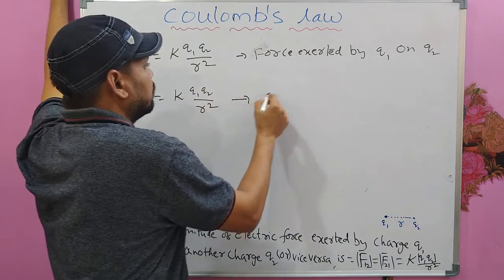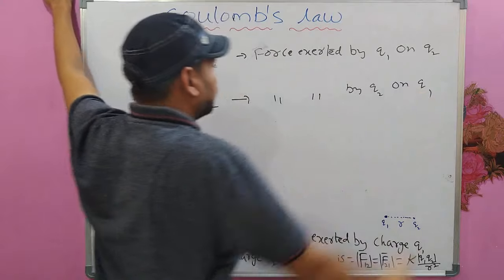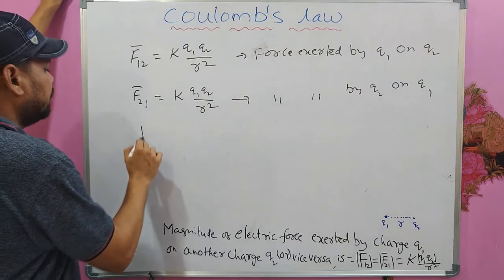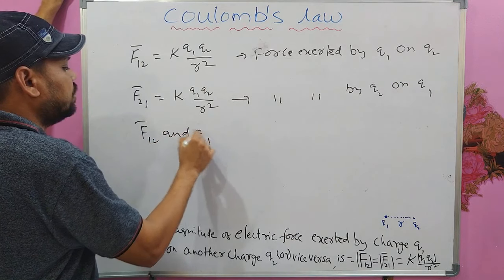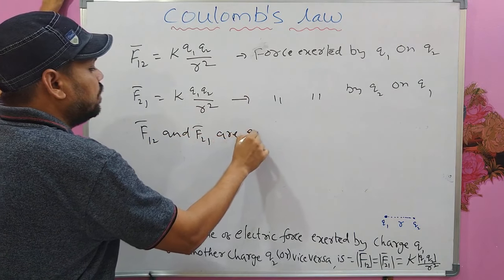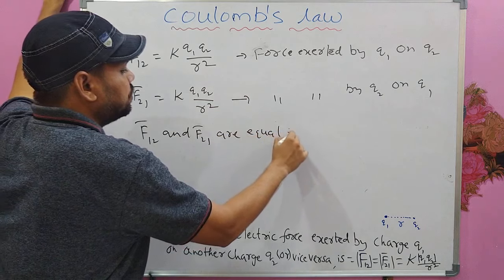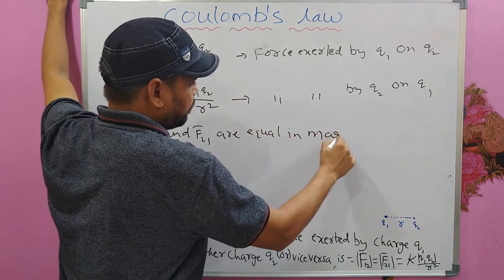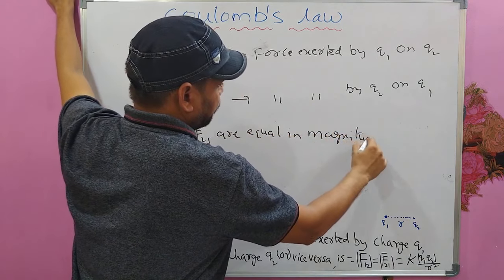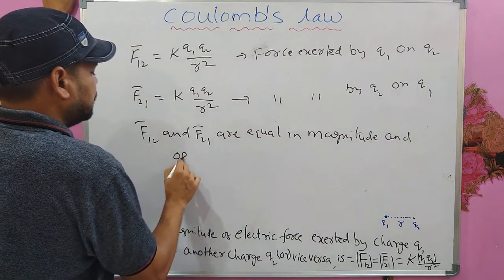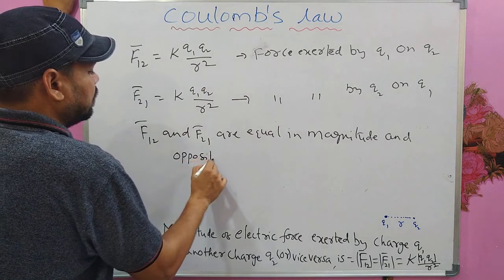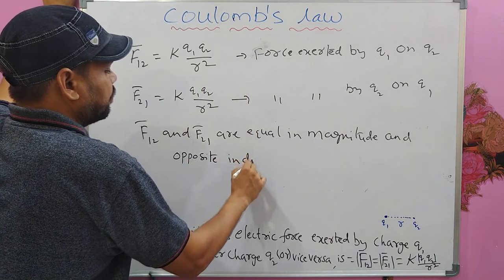This is the force exerted by Q2 on Q1. F12 and F21 are equal in magnitude and opposite in direction.